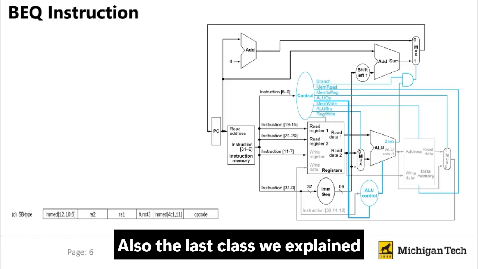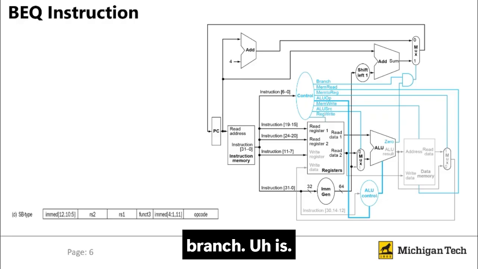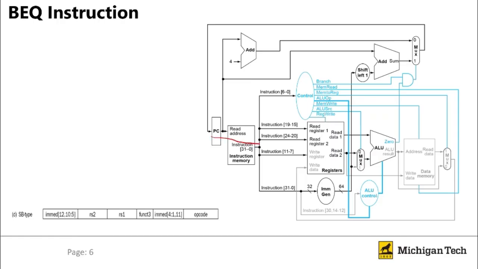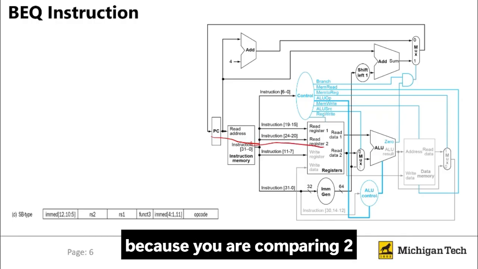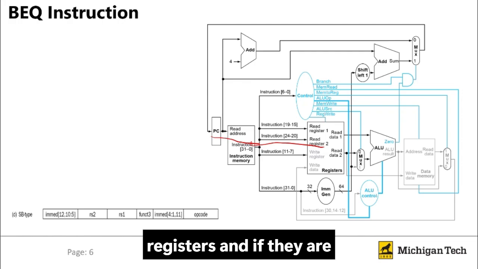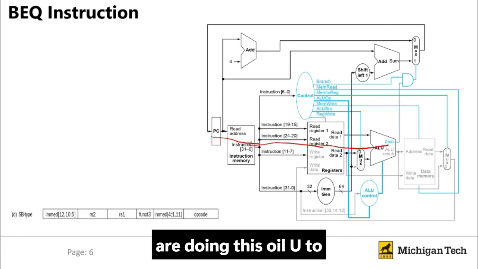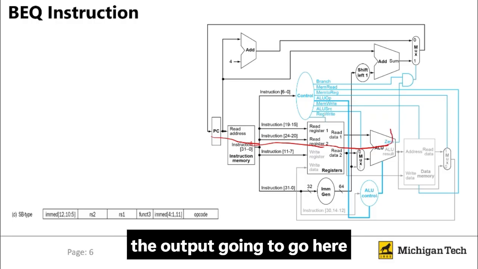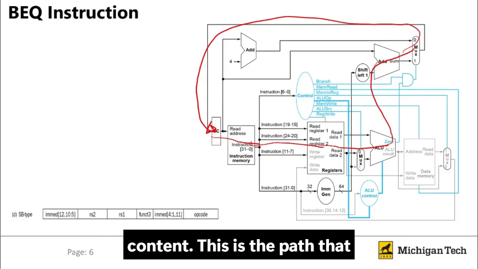Also, last class we explained about branch, and we mentioned branch equal. As you can see, in branch you start from the program counter, fetch the instruction, and take some registers because you are comparing two registers. Then you use the ALU to create the output, and the output goes here and is written back into the program counter.